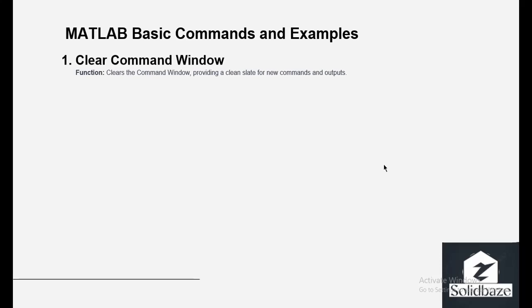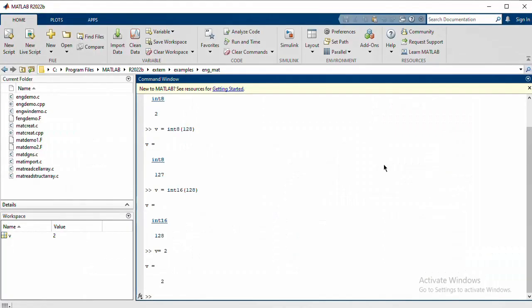Now we have what we call the clear command window. The clear command window provides a clean slate for new commands and outputs. The command here is simply CLC. When we apply this in our command window, it helps us to clear the workspace.